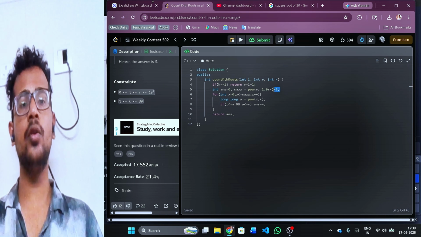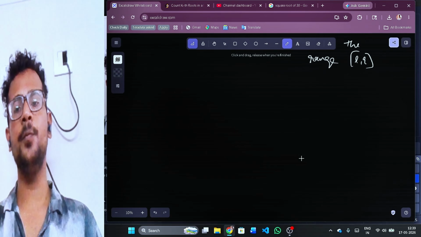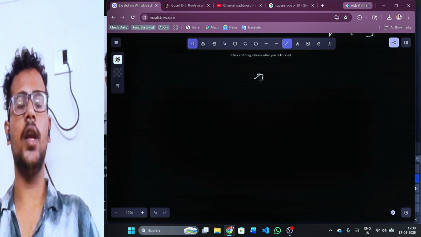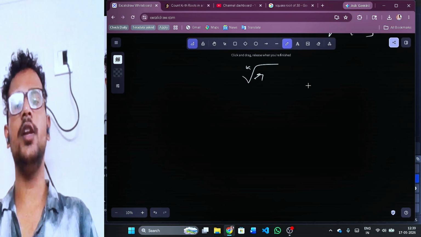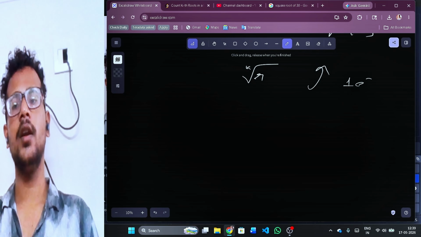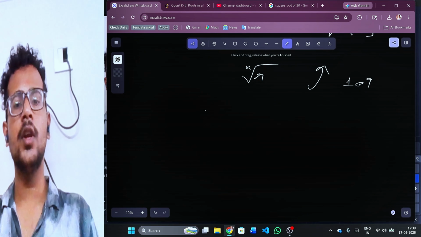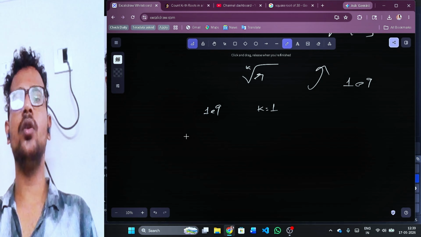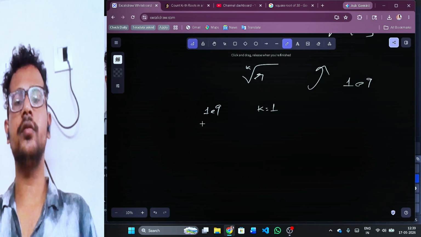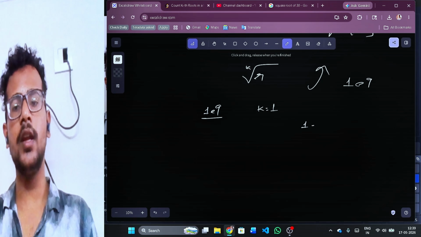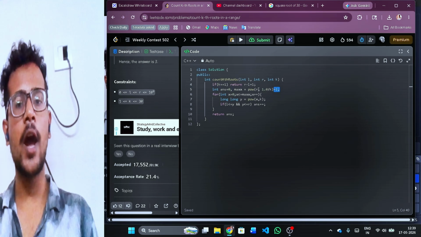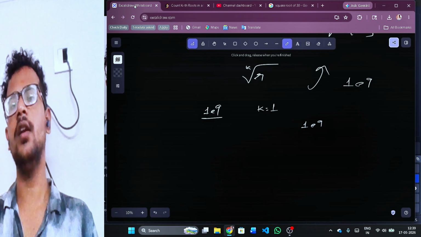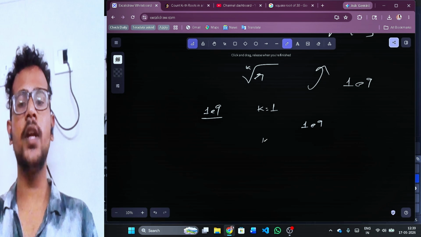And before signing off, let me tell you, you might say, bro, the kth root of R will be large for 1e9. Now, for 1e9, what if k is equal to 1? I need to go till the kth root of 1e9, which is still 1e9. So that's why I am writing here, if k is equal to 1, return R minus L plus 1. But what if k is equal to 2?